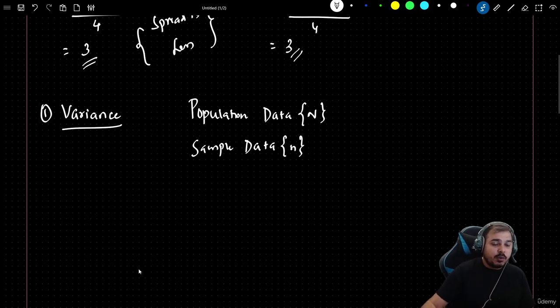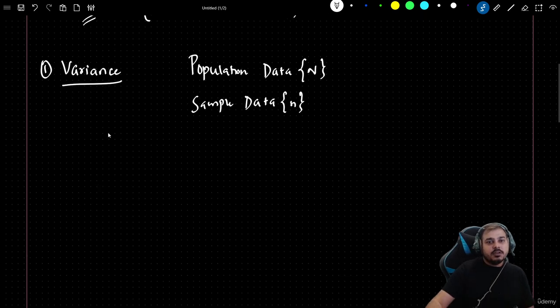So the formula is very much simple. If you want to showcase how we denote variance in the case of population data, it will be sigma square. Sigma square is the notation that is basically used in the case of variance. And here the formula is very much simple. I'm going to use i equal to 1 to capital N for population data.